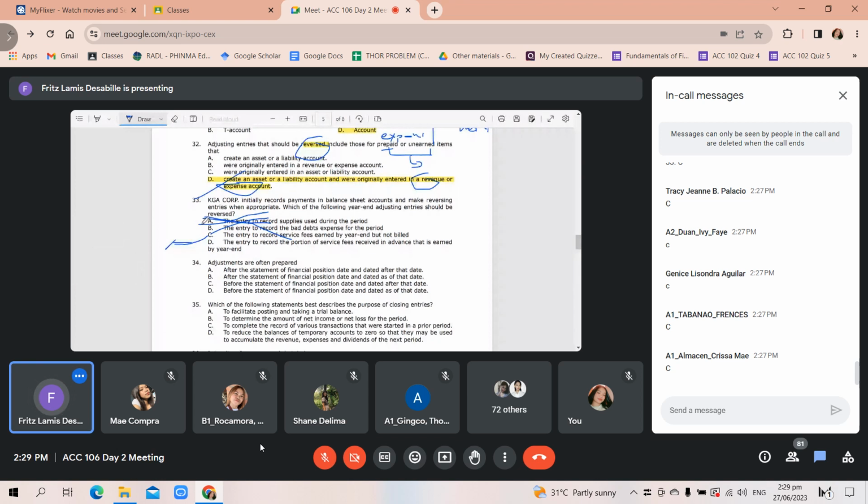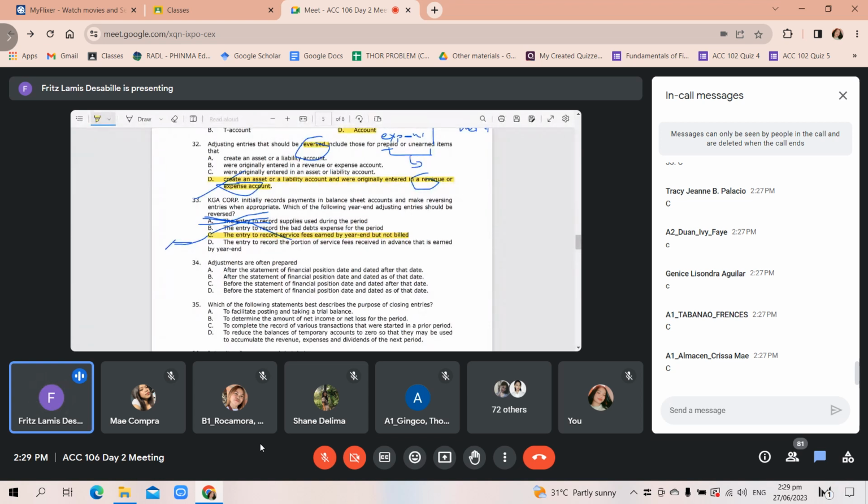Again, letter C, pabutang ko sa inyong notes or sa kaning file nga gina-keep ninyo. This one gina-describe accrued revenue. Sige, pabutang na lang ko guys.